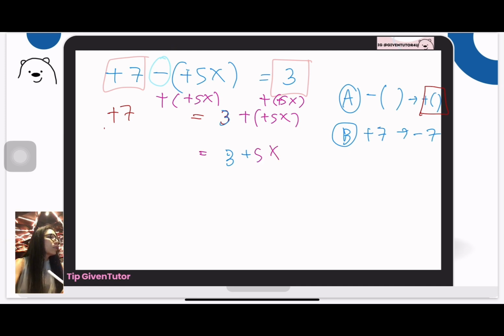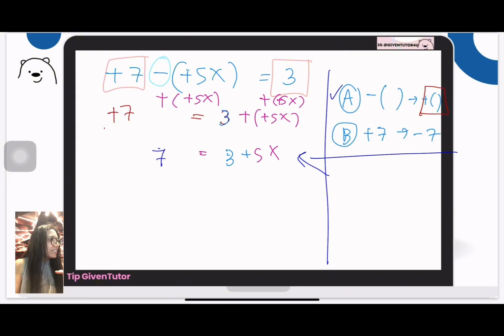That's all, because plus is plus. And this one will be the 7 the same, so you don't do anything. So it will be easier after this, because type A makes it easier. But you would need to do this one first, because then you would be able to figure out this.